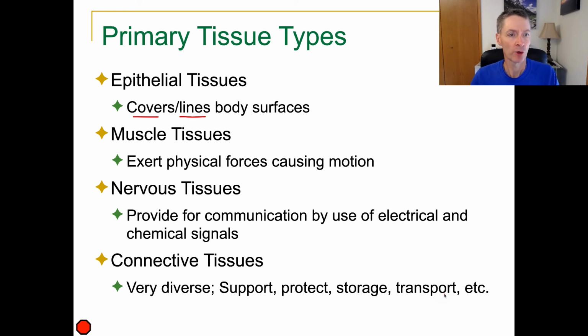All right. So what I'm going to do with you guys, I'm going to march through each one of these tissue types. Big thing now for this particular section is you will need to be able to identify by sight the various types of epithelial tissues, muscle tissues, nervous tissues, and connective tissues that I'm going to cover in the next couple of video clips, okay?